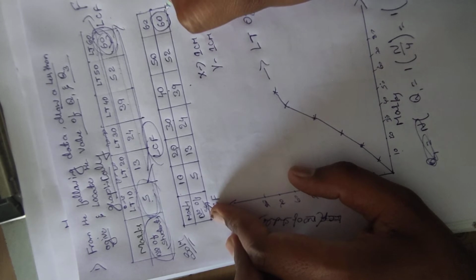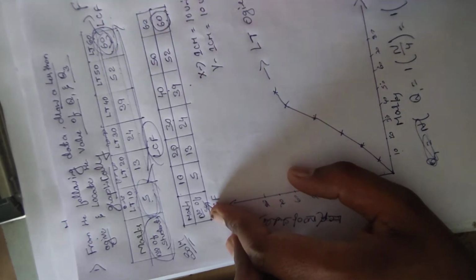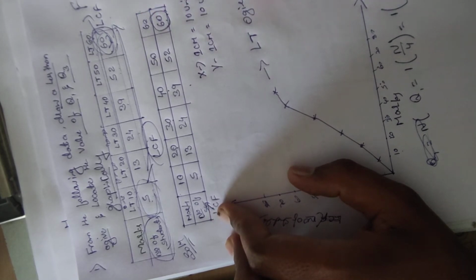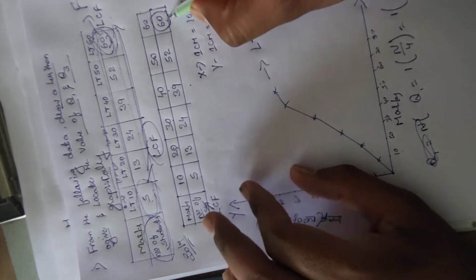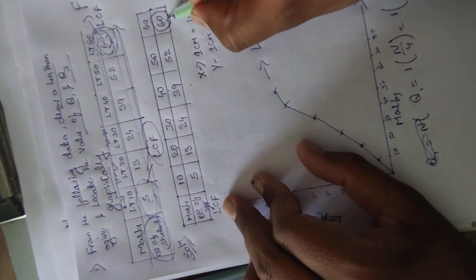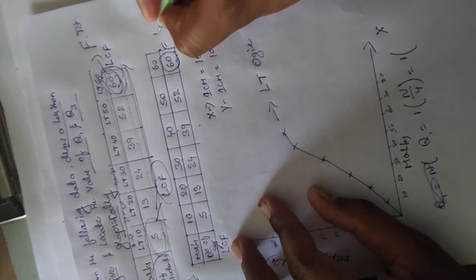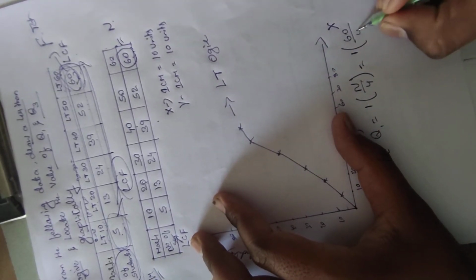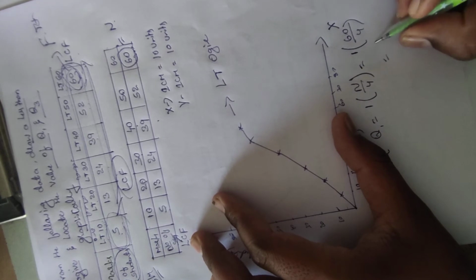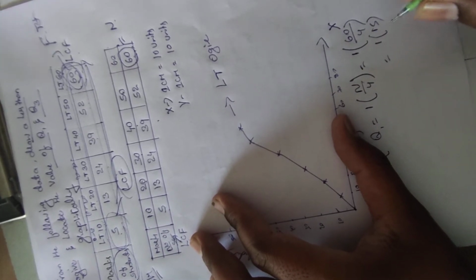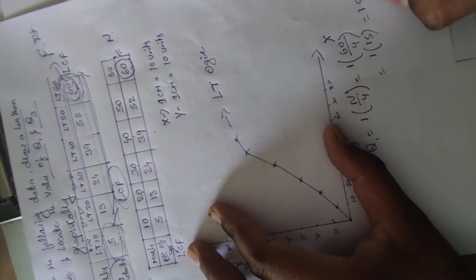When they are given in class intervals 0 to 10, 10 to 20, and so on, and then frequencies are given, the frequency total is equal to the last value of the LCF. This is called N. N is 60 divided by 4. 60 by 4 will get 15. 1 into 15 will get 15.